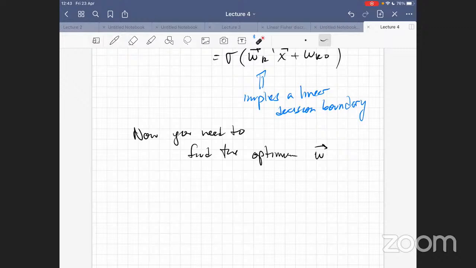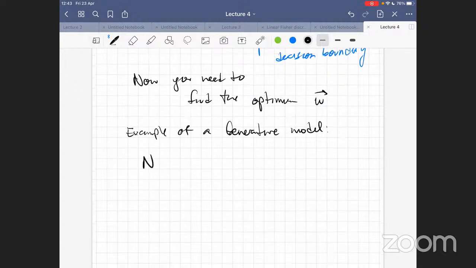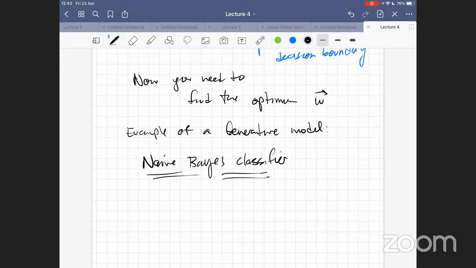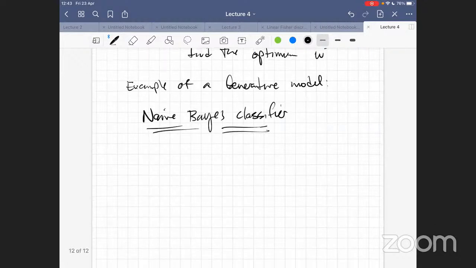Okay, so let's see an example of a generative model. It is the so-called naive Bayes classifier. So here the idea is the following.